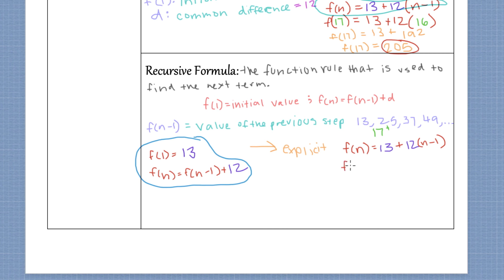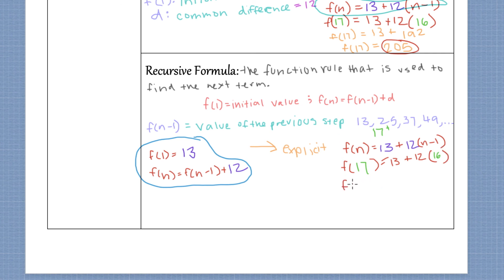It's going to look like f of n, and n in this case is going to be 17, is equal to 13 plus 12 times n minus 1, which is going to be 16. And then we're going to solve for this.